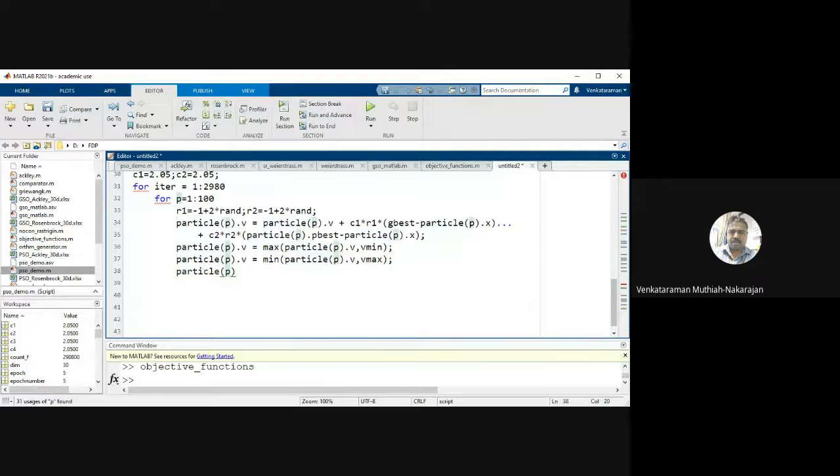Now we add: particle e dot x equals particle e dot x plus particle e dot p. Since we are primarily interested in locating our minimum between the bounds, we once again have to apply the bounds condition here.